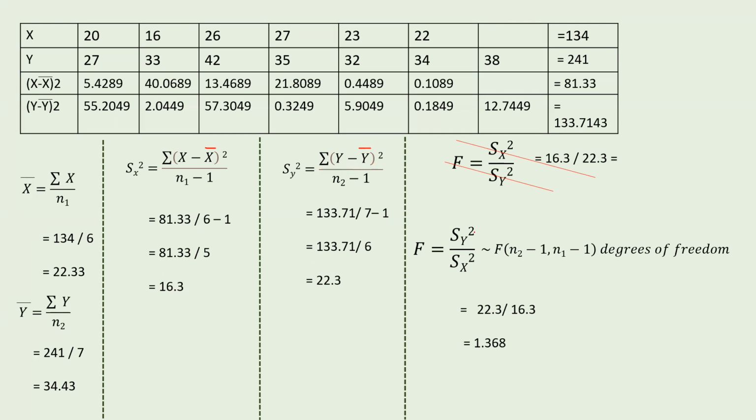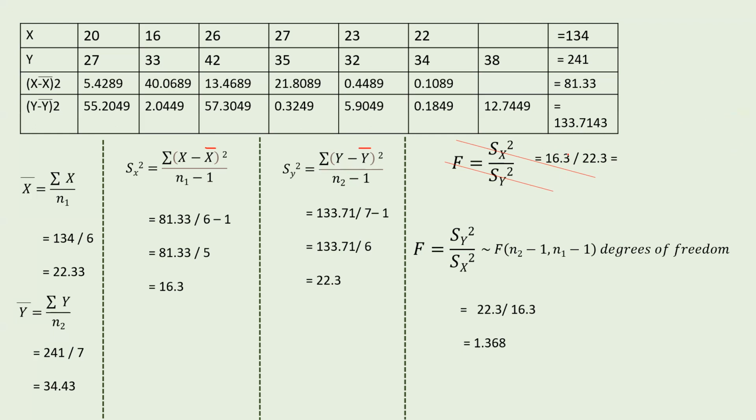Like the previous problem, if we substitute in this formula, the F formula was Sx square divided by Sy square. So if we substitute in that method, the values will be 16.3 divided by 22.3. But if we check here, 16.3 is less than 22.3. What we always have to remember is that the greater value should be divided by the lesser value.